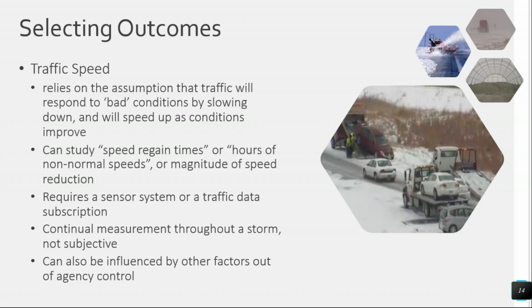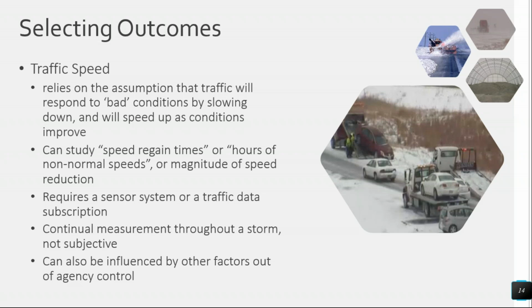And so if you do use a traffic data subscription, you have to make sure that it's robust enough, that the roads you're applying it on are busy enough that you have enough of a traffic sample to continue receiving good information. It is continual, as I mentioned before, so you can study impacts throughout the course of a storm, not just at the end of the storm, like the time to normal stuff that we discussed on the previous slide.